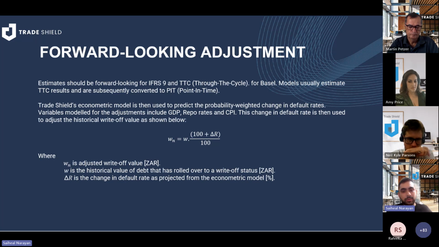We model those and say, if the best case happens, we expect defaults to decrease by this much. And then we look at the opposite end of it. What is the worst case for GDP? What if GDP goes down? What if repo rates go up? What if CPI increases, so your cost of living increases by much? What will happen to default rates over time?